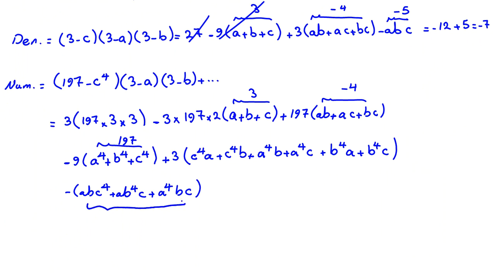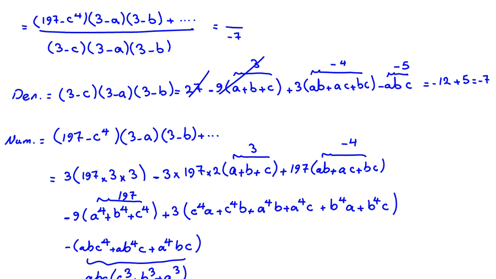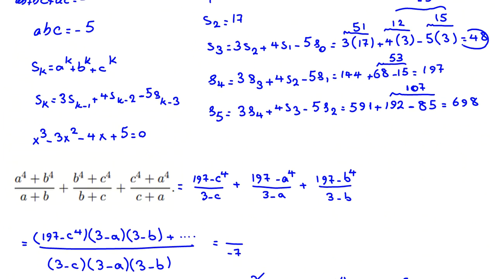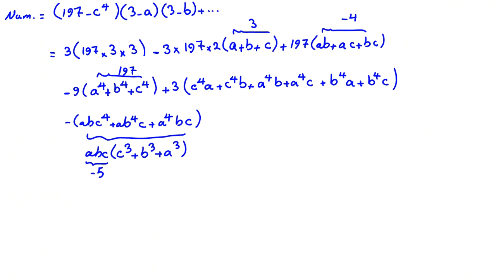This part is what? This part is abc. You factor c cubed plus b cubed plus a cubed. Okay. abc is what from here is negative 5. a cubed plus b cubed plus c cubed is S3. S3 is 48.